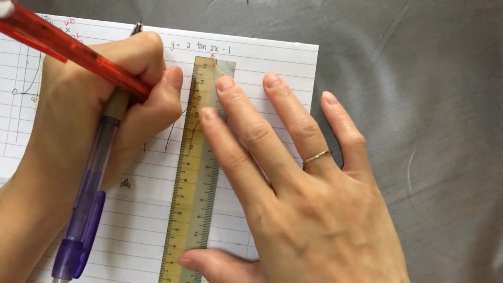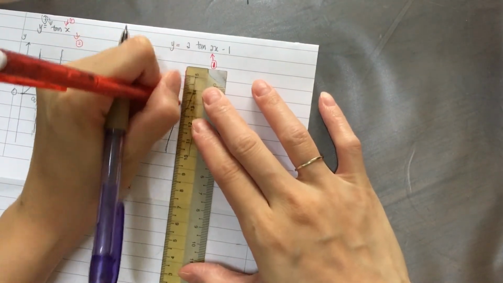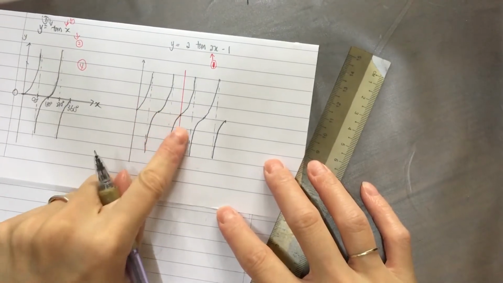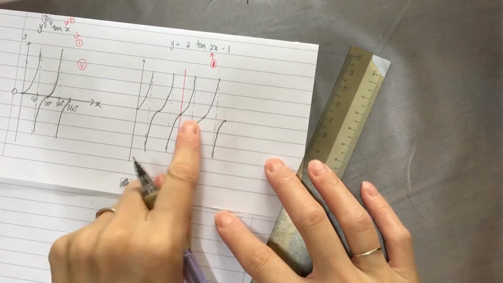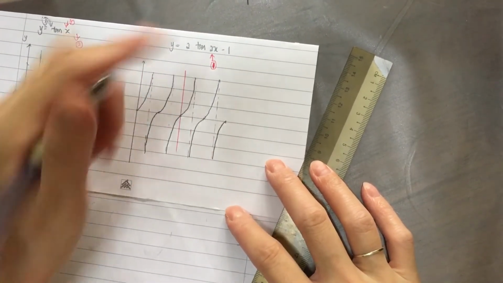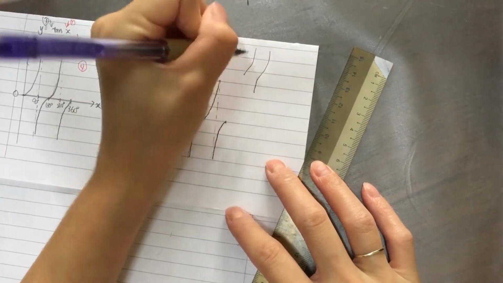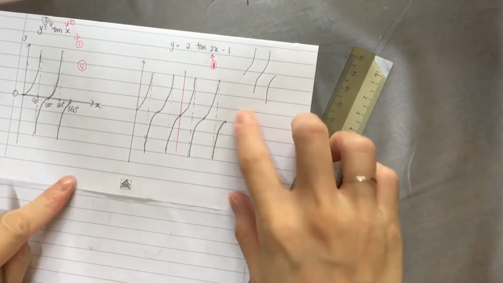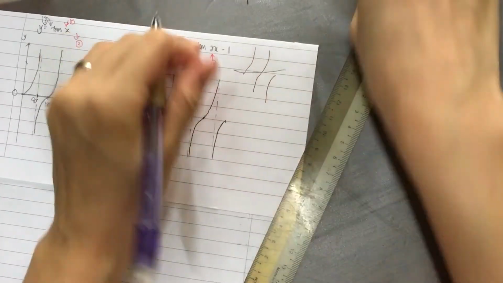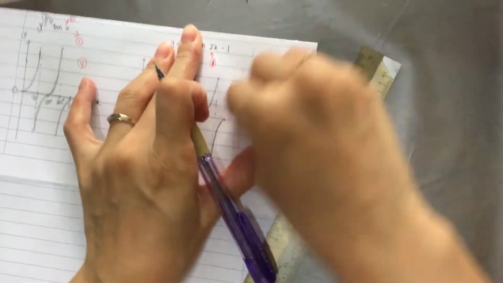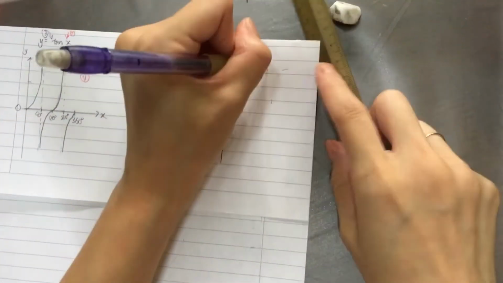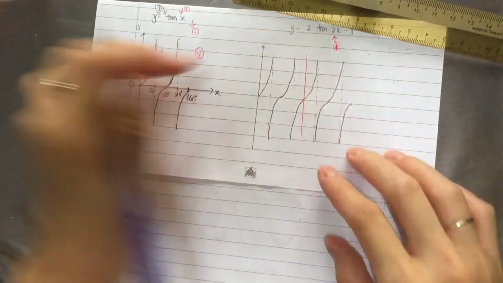Look at this. This one is your first tangent graph. This is your second tangent graph. Remember, your tangent graph is something like this.